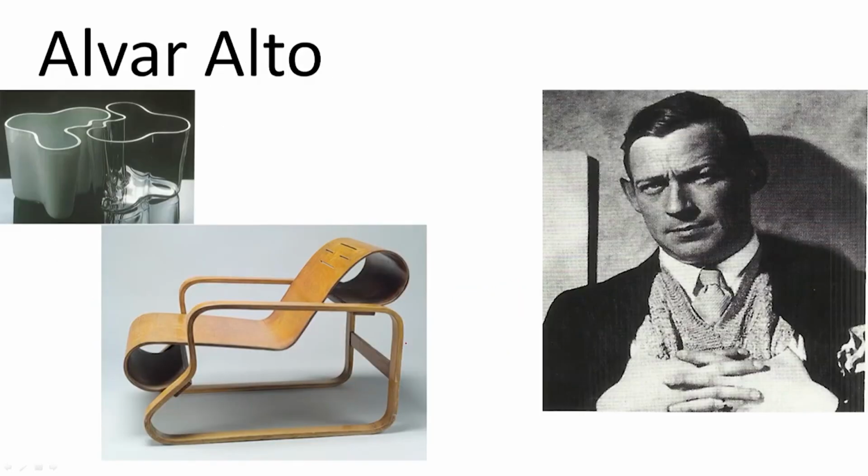Now, I come to a very famous name, on whose name there is a university in Finland, that is Aalto, Alvar Aalto. Alvar Aalto is a very famous name in form design. You can see what a great form design this is.